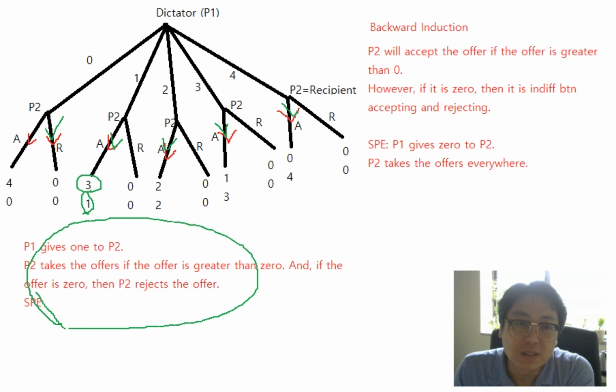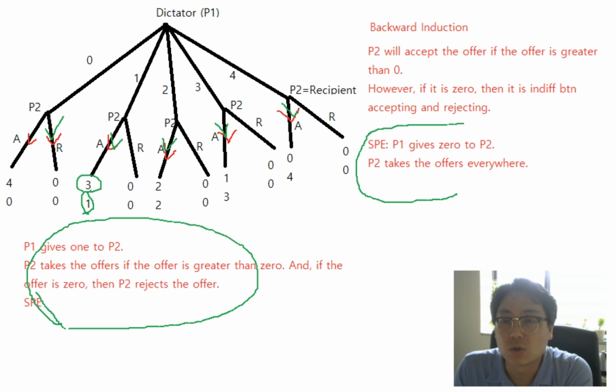However, once this node is reached, maybe player 2 can take that offer because it's indifferent. Emotionally, it gives you different emotions, but once this node is reached, in terms of the material payout, there's no difference between accepting and rejecting. So if player 2 decides to accept once this node is reached, then this is also another equilibrium.